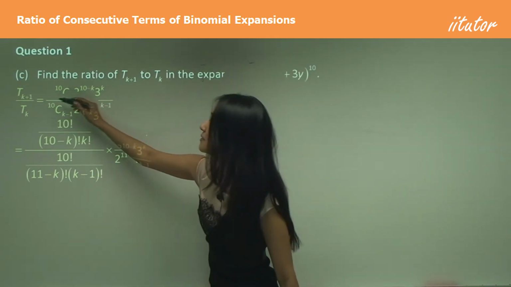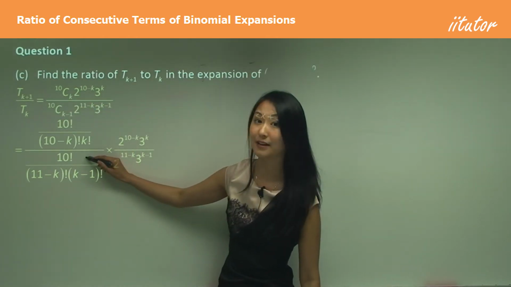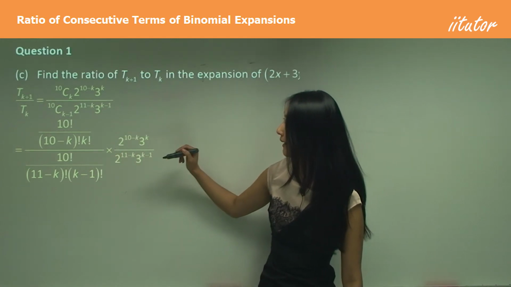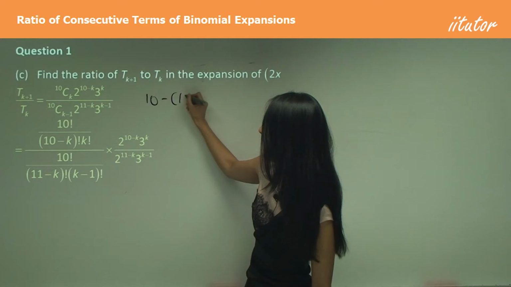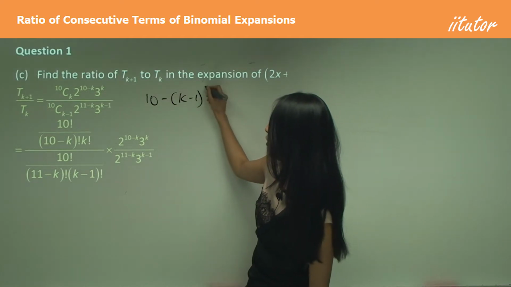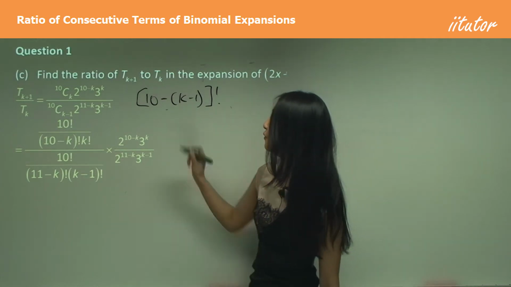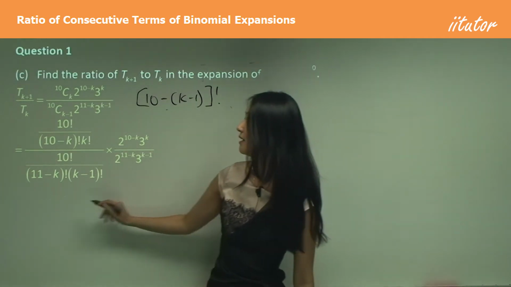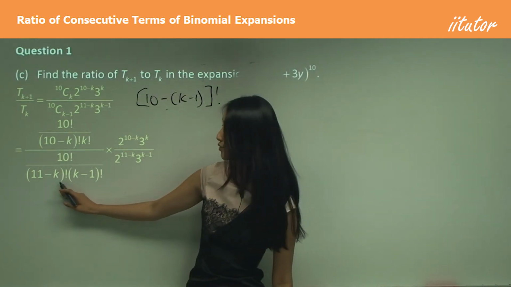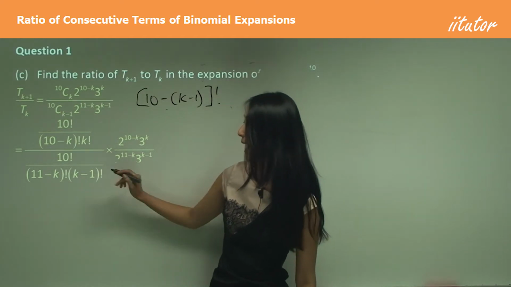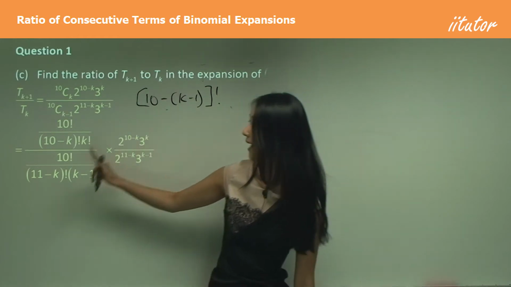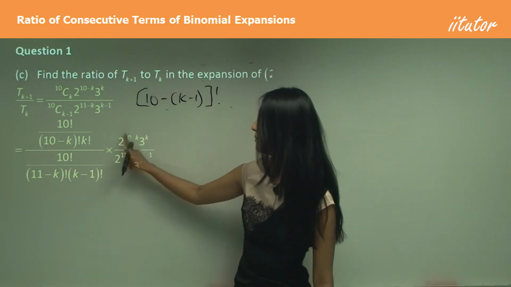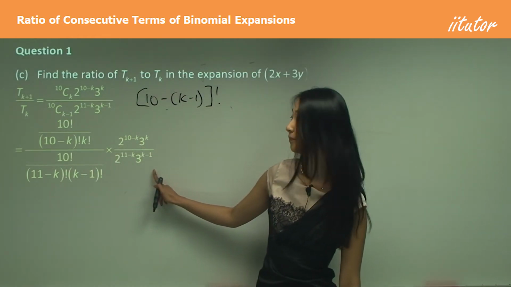Whereas for this bottom one here, it'll be 10 factorial, and instead of having, well, we have 10 minus k minus 1, that whole thing factorial essentially, right? But because we worked out before, that's just 10 plus 1. So we have 11 minus k factorial, and this is just k minus 1 factorial there. Yeah, that's how we made the jump from that to that, multiplied by this over here.